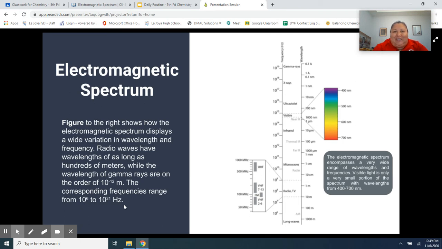Did you ever think about that? That's the frequency. That's what you tune into in order to get to that radio station. So that means 107 waves are passing for every 1 second that you listen to that radio station.